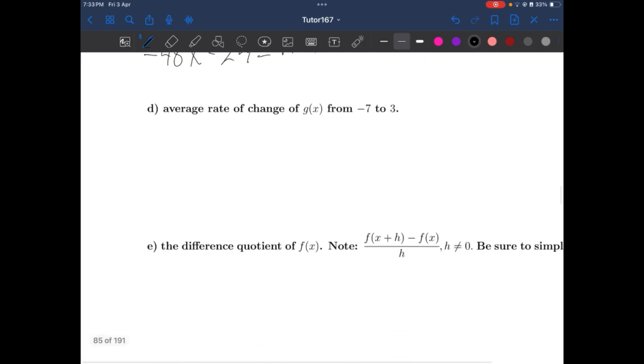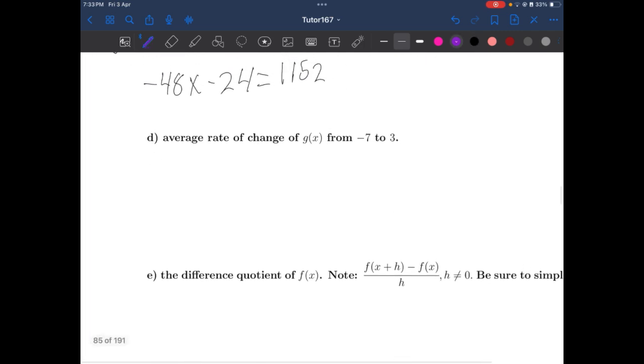Okay, so average rate of change. The formula for the average rate of change is f of b minus f of a, divided by b minus a. They said the average rate of change of g of x from negative 7 to 3.